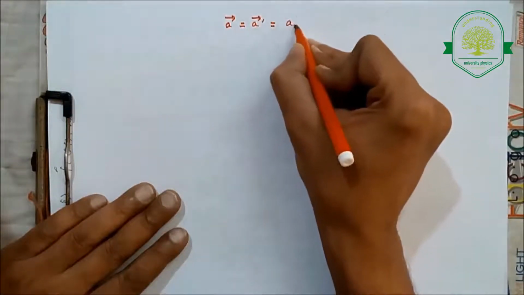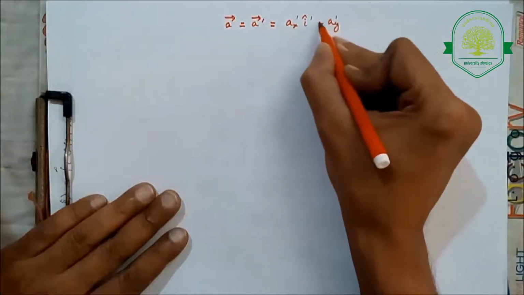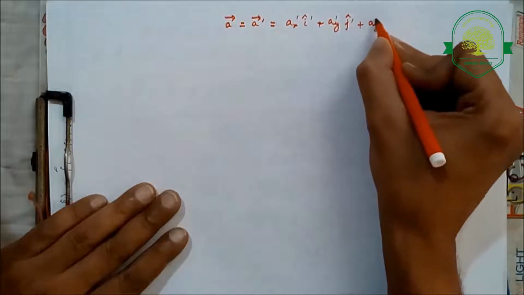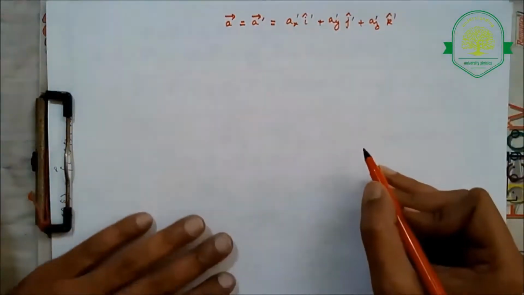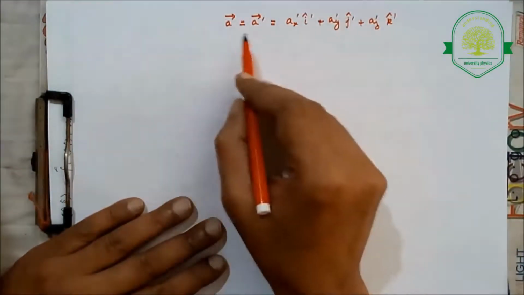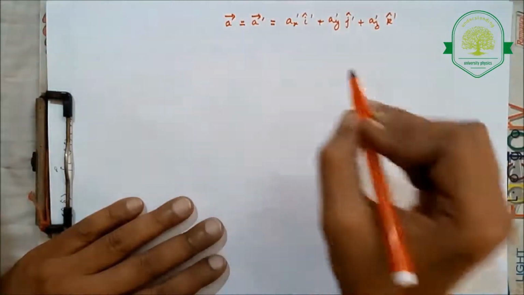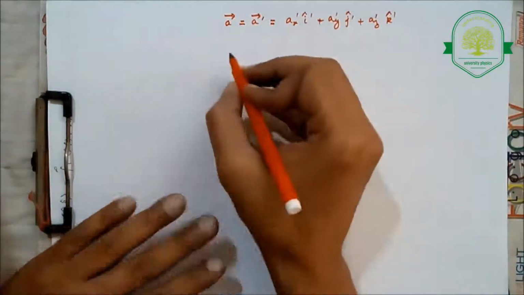Let's say it is ax primed i cap primed plus ay primed j cap primed plus az primed k cap primed. So what happens if I differentiate this from the unprimed frame of reference, that is from the sigma frame of reference?